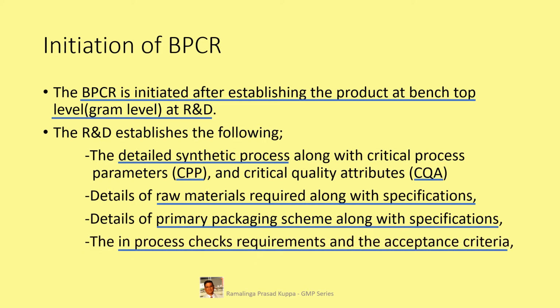The in-process check requirements and the acceptance criteria: necessary in-process checks, test methods and specifications have to be provided by R&D. The intermediates test requirements: test methods and specifications should be available for all isolated intermediates that need to be used for the next stage of the process.